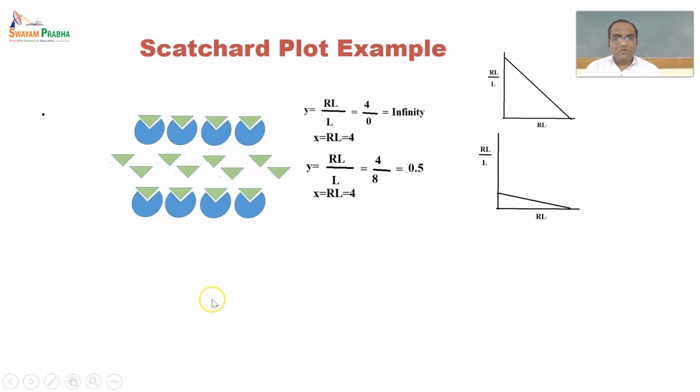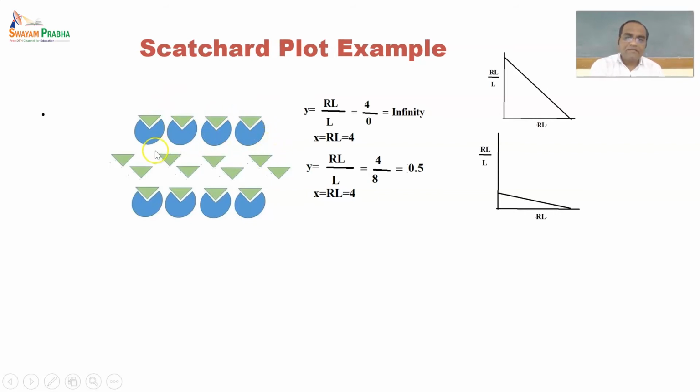Now if we come to the graph, plotting at 0.5 and stretching towards 4, this slope is smaller compared to the previous slope. From this it can be understood that for an effective interaction, the number of ligands and the number of binding sites should be in the same concentration.